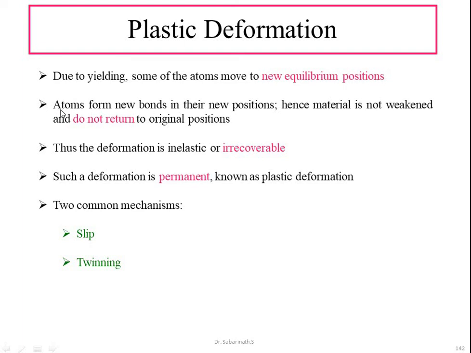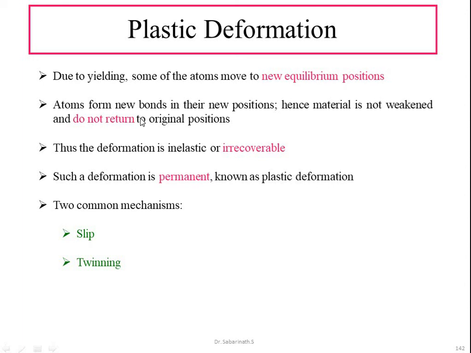If we give a force beyond the elastic limit, the atoms will move from one point to reach other regimes, and create new relationships with other atoms there. It will create new bonds at the new position. Hence the material does not return to the original position. That's what happens in case of yielding.